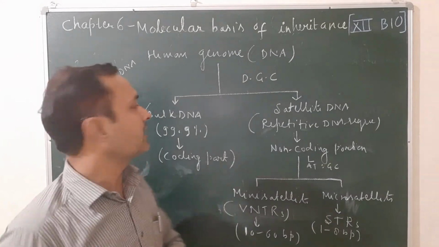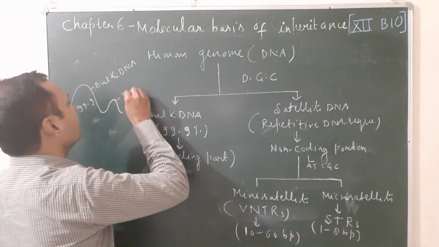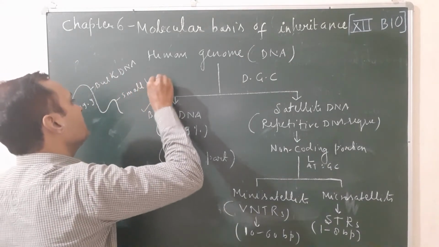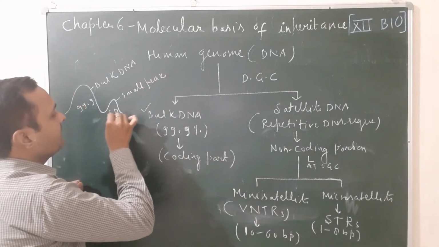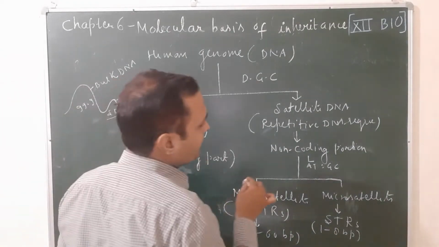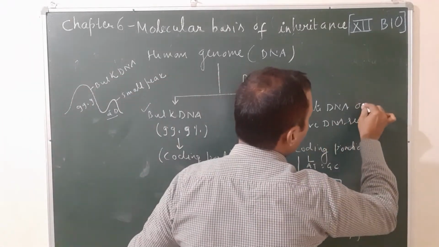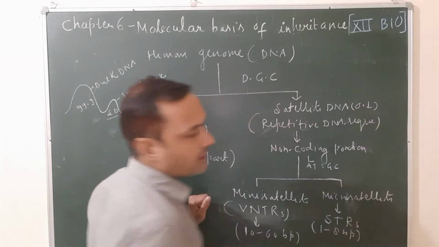The small peak represents the satellite DNA, which is only about 0.1%.